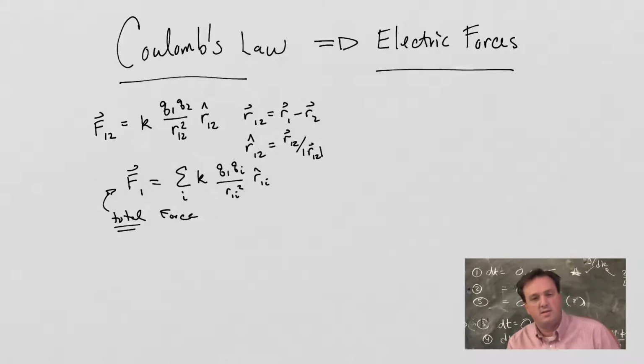My notation here is getting a little bit complicated to follow, in the sense that now I have a sum and an i, but I don't want to lose sight of the fact that it's a really beautiful expression. I can now identify all of the other charges, which I'm calling the q sub i's, and if I know where all those q sub i's are, and I know what all of the charges q sub i are, I can reconstruct the entire force on q1.